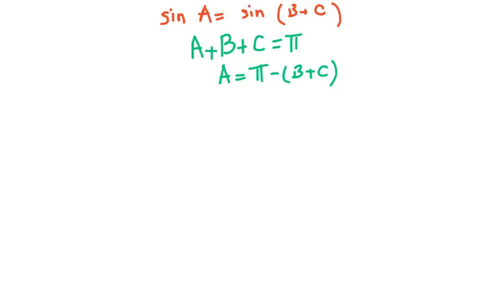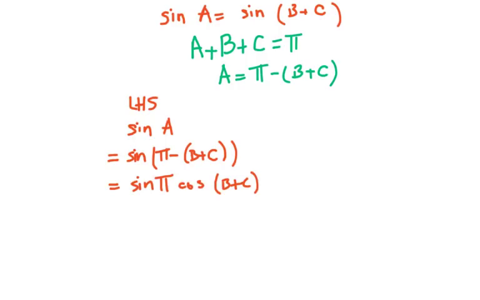So let me start with my left-hand side. Now we can replace A with pi minus B plus C. So that's going to give me sine of pi times cos of B plus C minus cos of pi times sine of B plus C. Now we know that sine of pi is 0, and 0 times anything is 0.